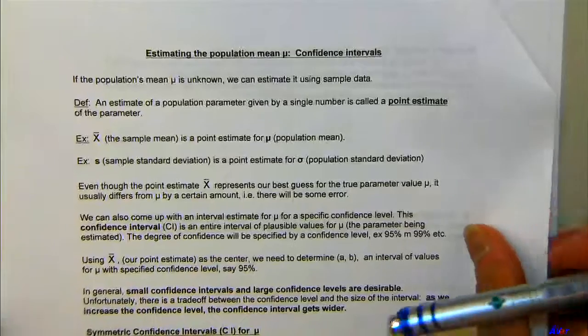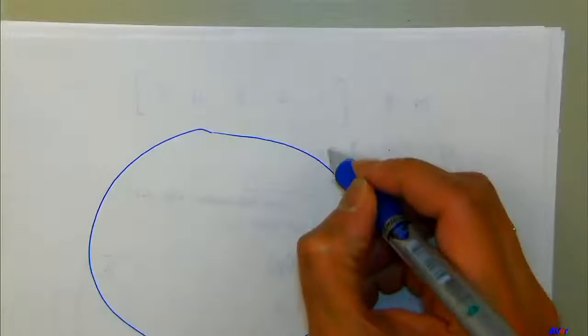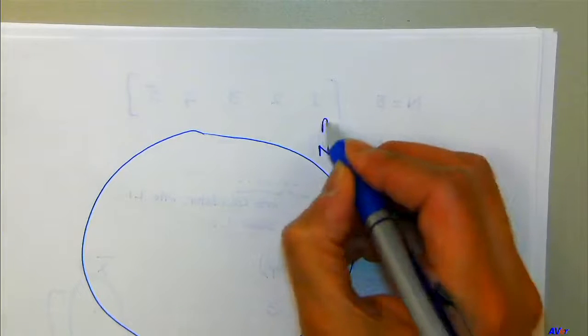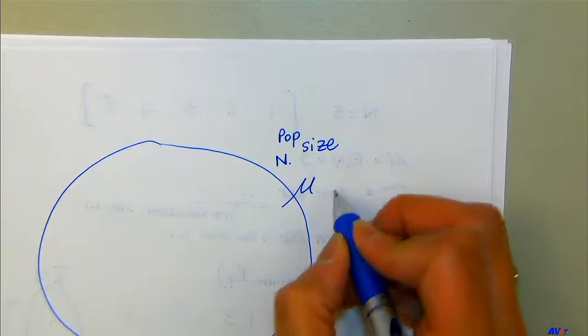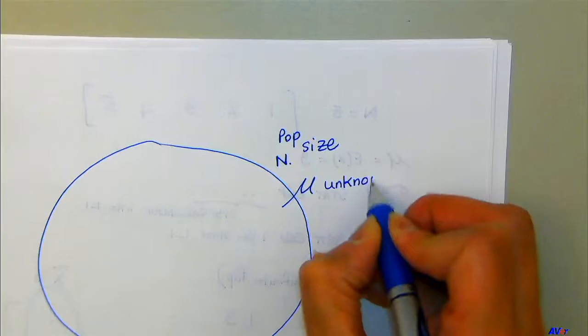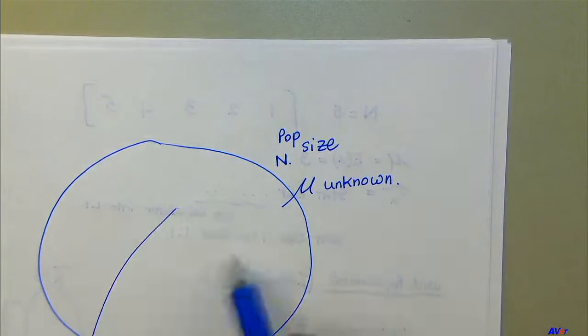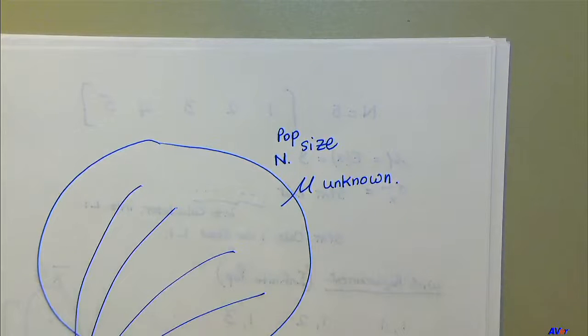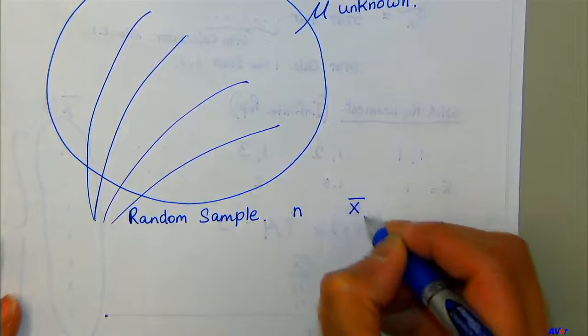So it comes back to the same question. If I have a population of size capital N, and mu is unknown for this population, I can take a random sample of size lowercase n and find its x bar n.